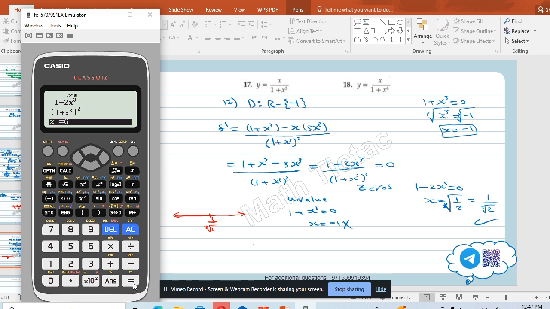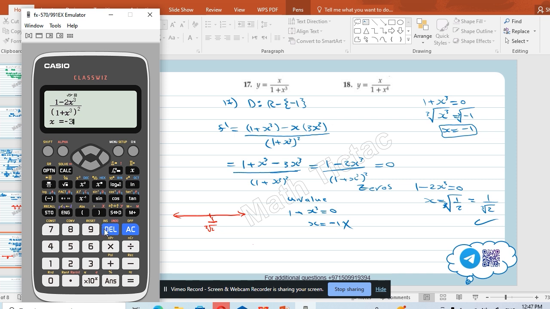This is positive. Now you remember that we said even if it's not included, I will not take it as a critical number, but I'll put it on the number line. So I took 0, it was positive, and here it was negative, and here the minus 1 is not included.